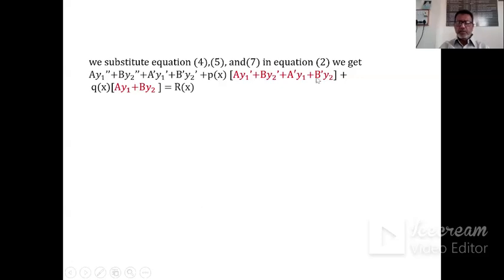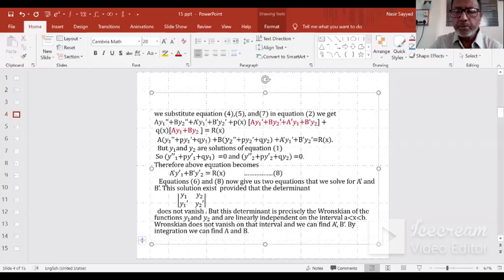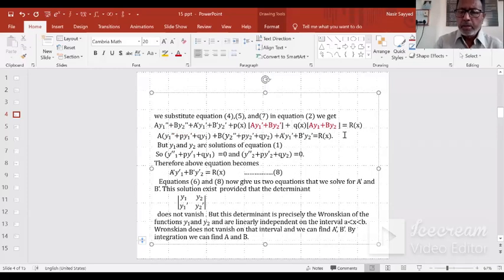We take this as 0 plus q of x into A y1 plus B y2. This is equal to r(x).